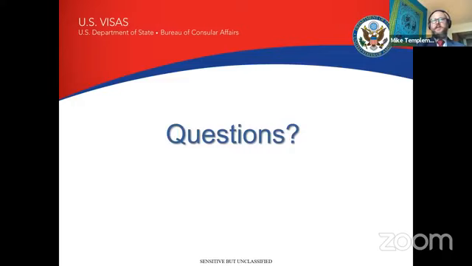In general, bringing original documents to an interview is better than bringing copies. So if you have the original document, it is better to bring. There's no hard and fast rule. We encourage people to prepare and have those documents ready. That doesn't necessarily mean that a consular officer will ask for or need to see them in order to complete the interview.